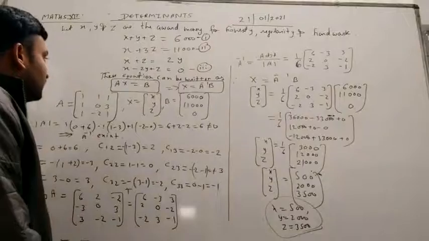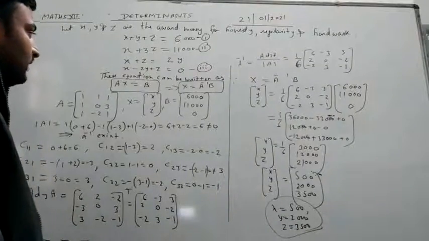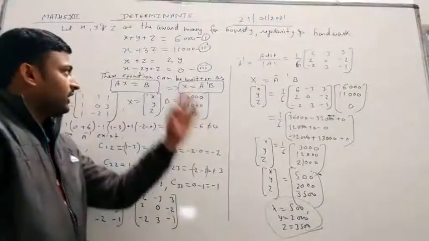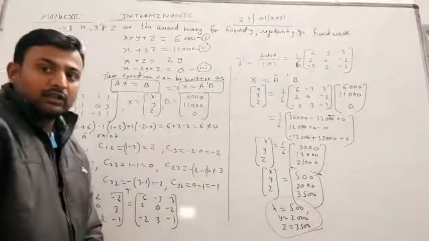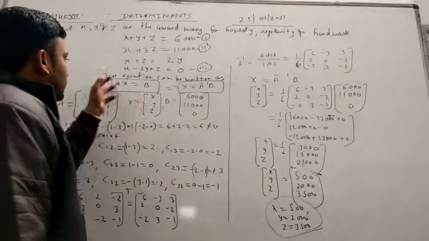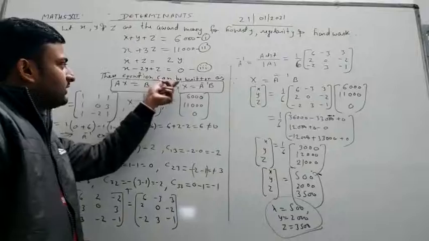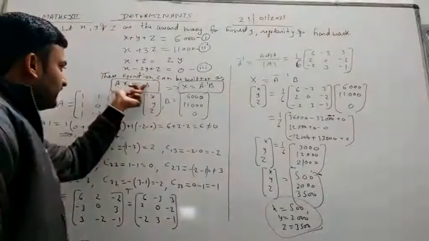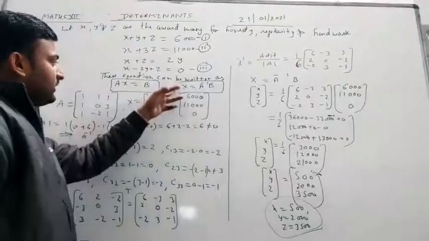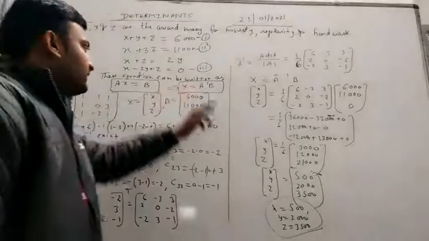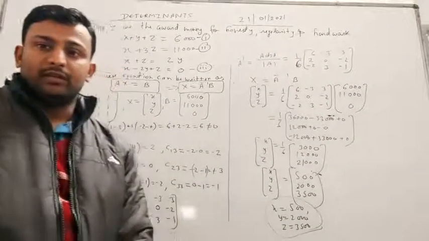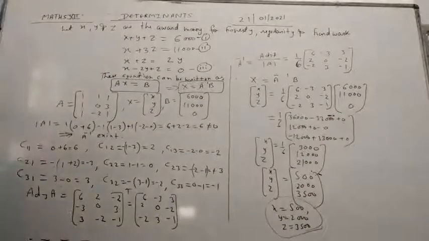Okay, so for solving these 3 equations by matrix method, first of all we write that these equations can be written in the form AX = B, which can be written as X = A inverse B. Okay student, so this is our question.